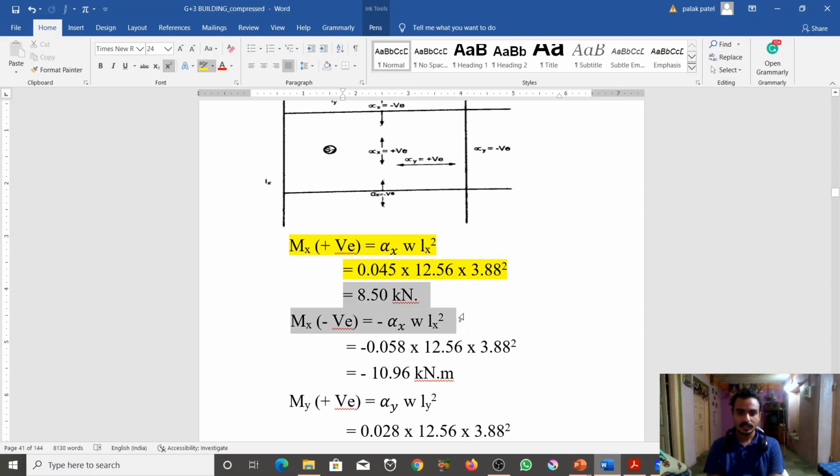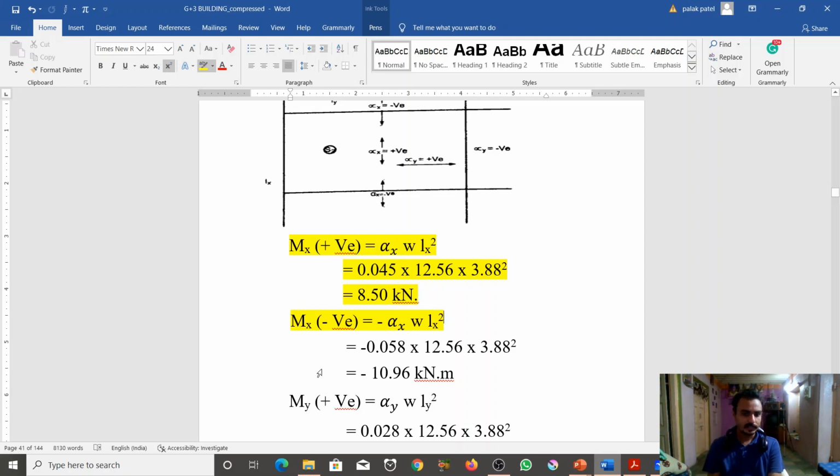So Mx is 8.50 kilonewton meter. Since alpha x is positive, Mx positive will be at mid span.